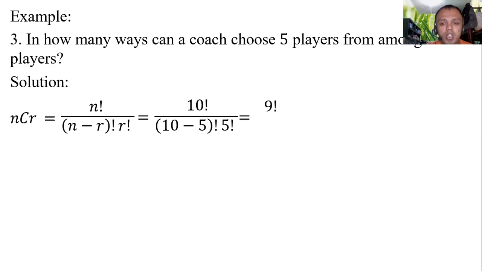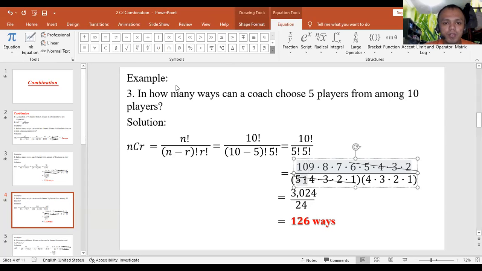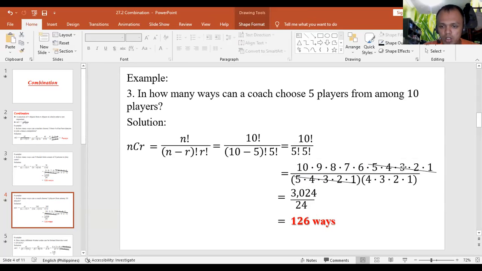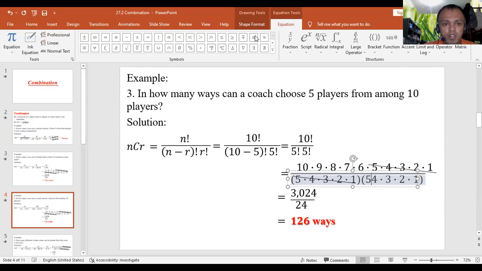Then 10 minus 5 is 5. So 10 factorial over 5 factorial times 5 factorial. So we have 10 times 9 here. Cancel out.